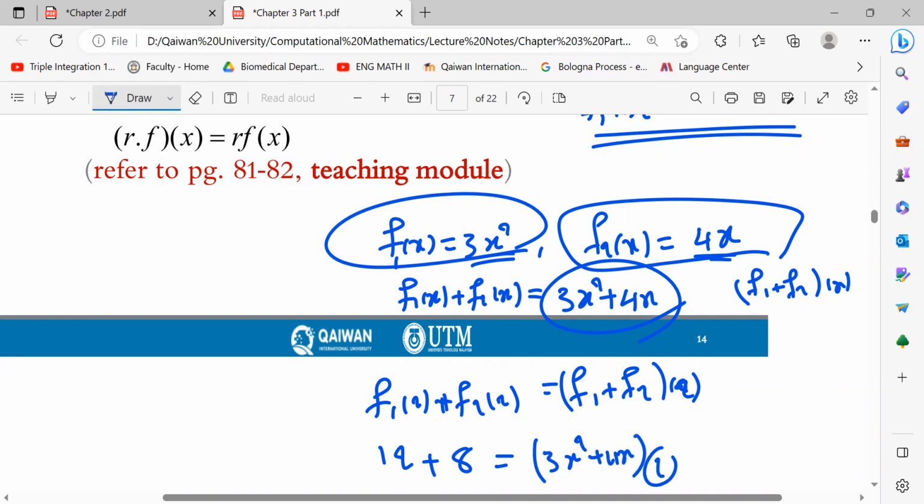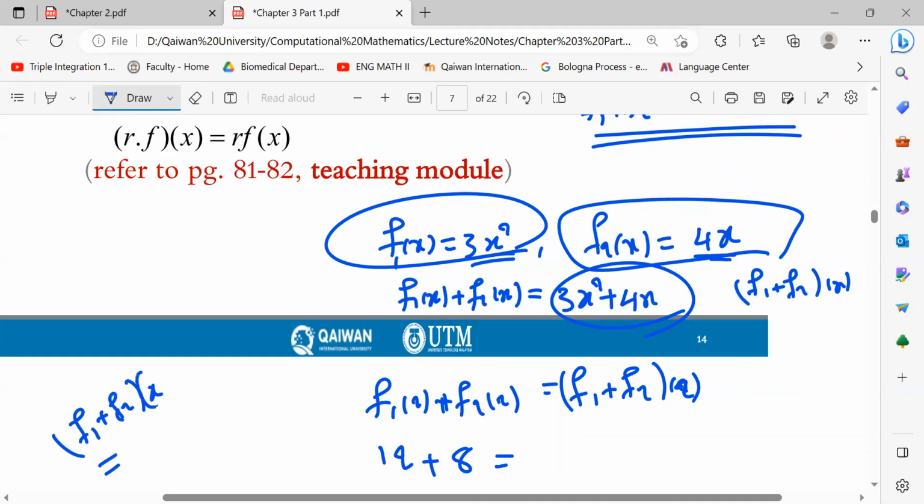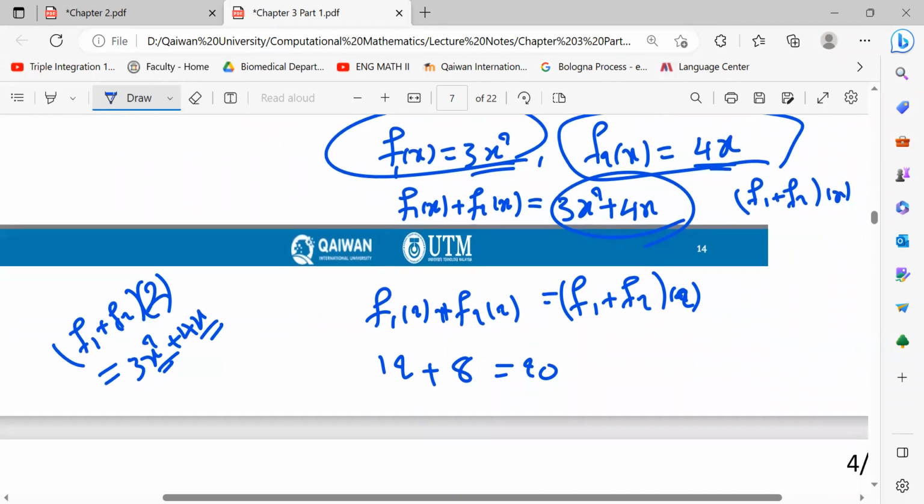If we replace x by 2 in f1 plus f2 of x, which is 3x squared plus 4x, what do we get? It's 20.